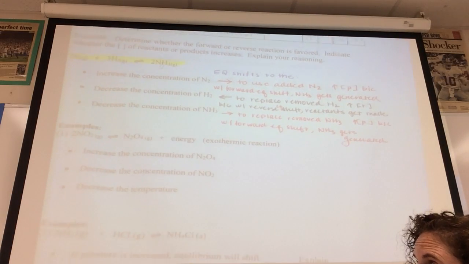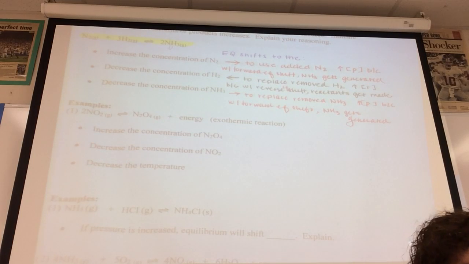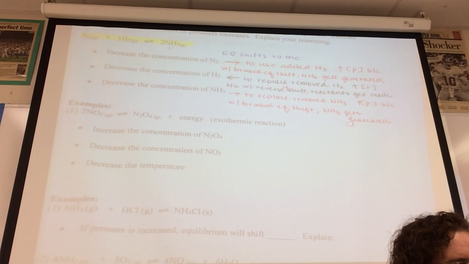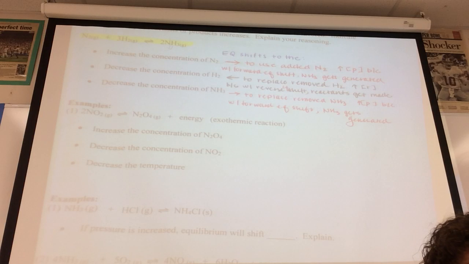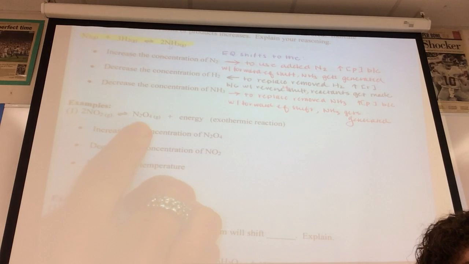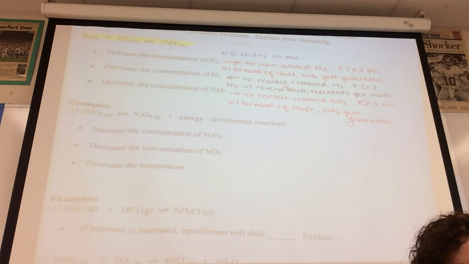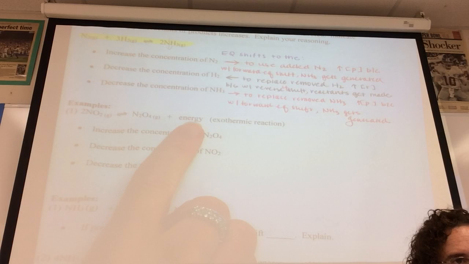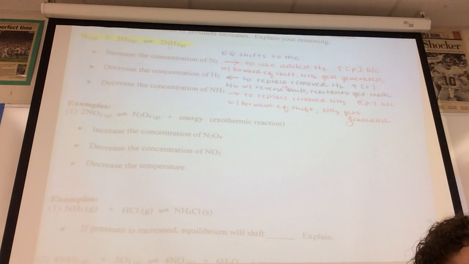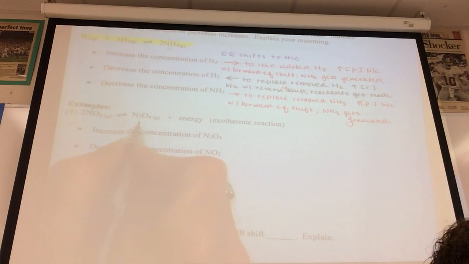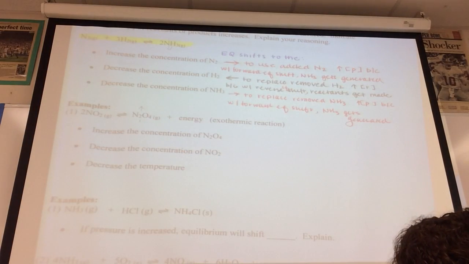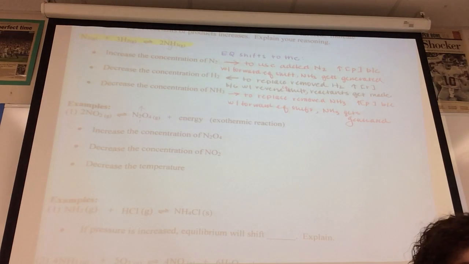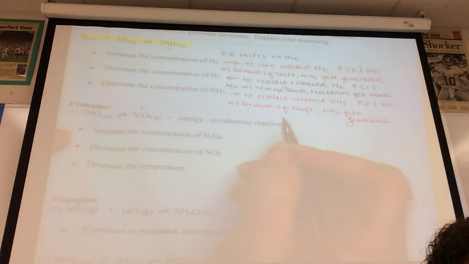We're still going to play with the concentrations here to make sure you've got that concept down. This actually is the reaction we looked at initially where you had brown nitrogen dioxide and colorless dinitrogen tetroxide. And this is an exothermic reaction. Delta H would be negative. If we increase the concentration of dinitrogen tetroxide, in which direction will equilibrium shift?